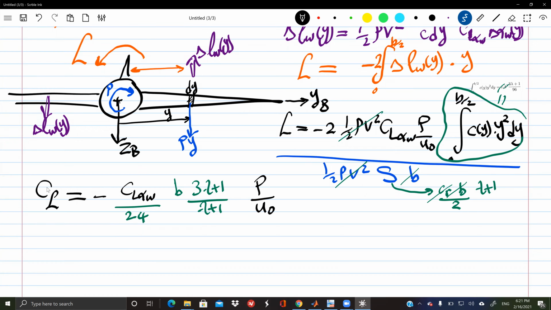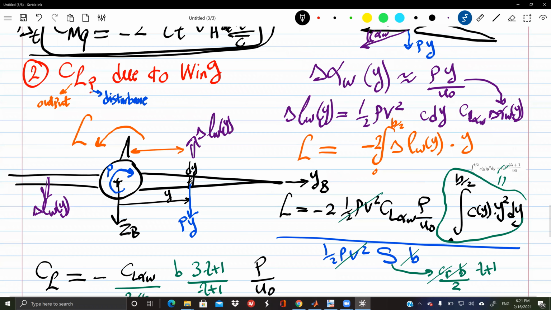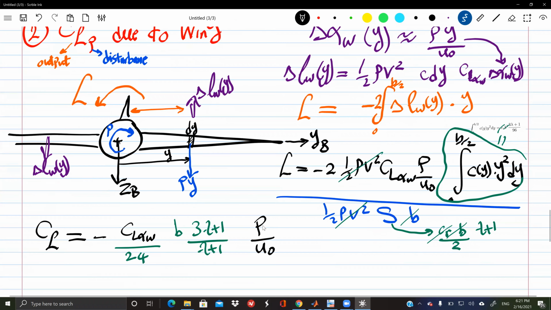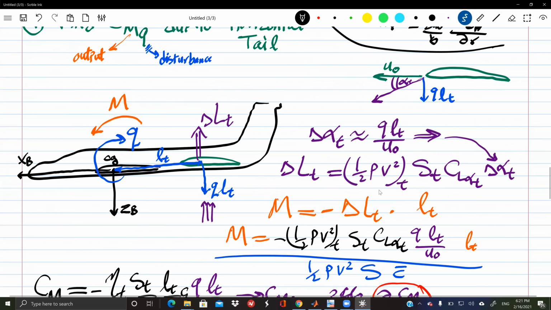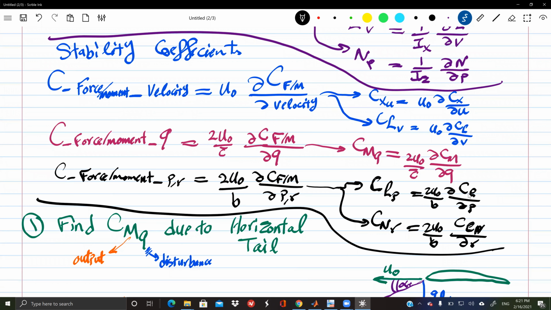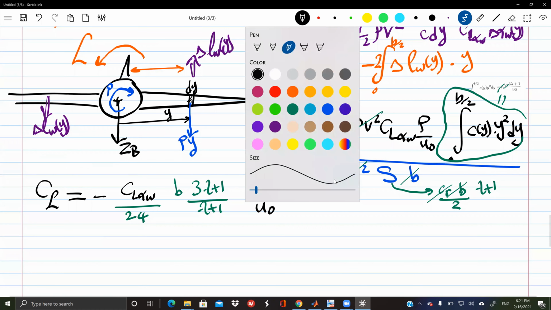All right, so this is the roll moment coefficient. We don't need the roll moment coefficient, we need CLP, CL due to P. We just need the coefficient of P, right? So please go here to get the definition: differentiate your CL with respect to P, i.e. get the coefficient of P, and multiply by this factor.